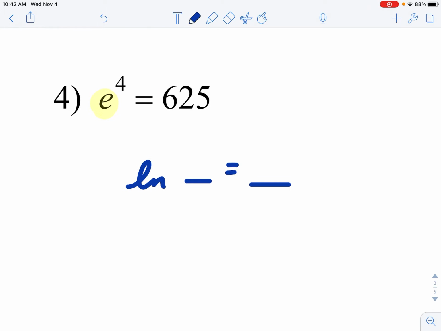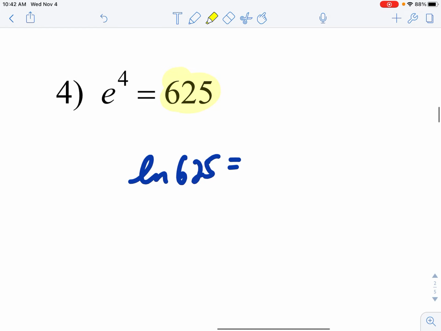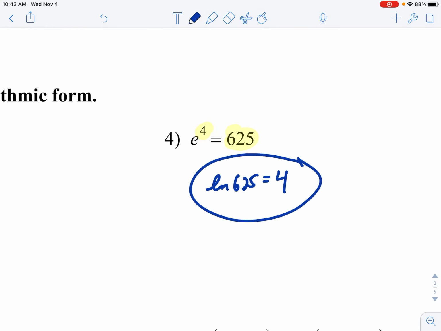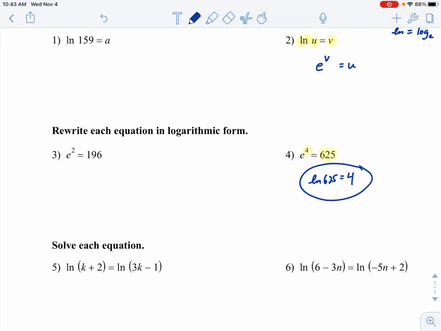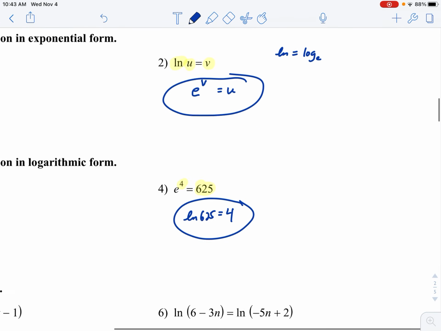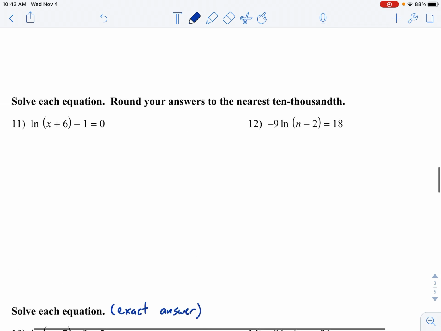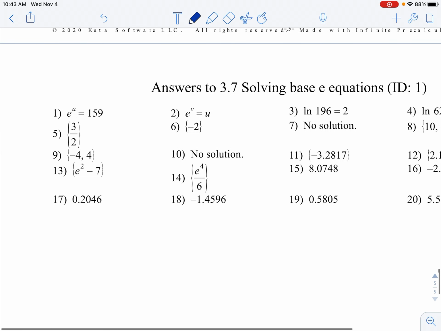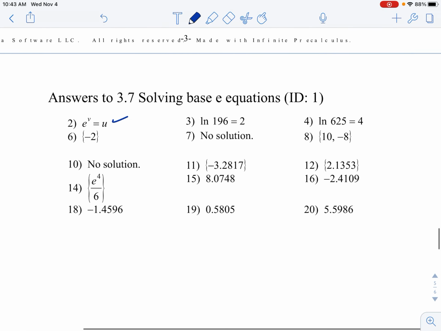The base e here tells me to write down ln. The argument of the logarithm is the answer side of the exponential, 625. And then the answer side of the logarithm is the power on the exponential, 4. So that's how you do number 3. All right, real quick, I will check 2 and 4 just to make sure I haven't messed them up. So that's right, and that's right.